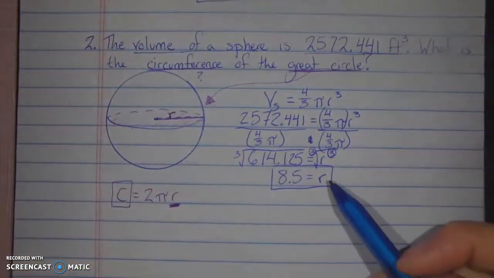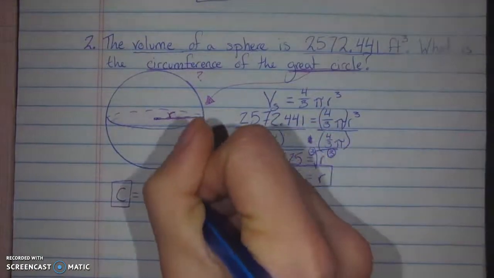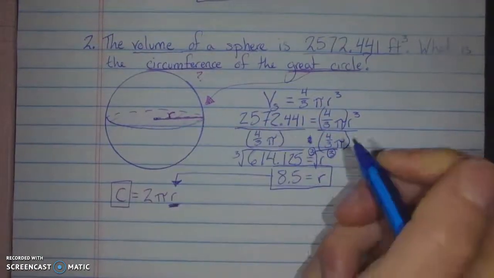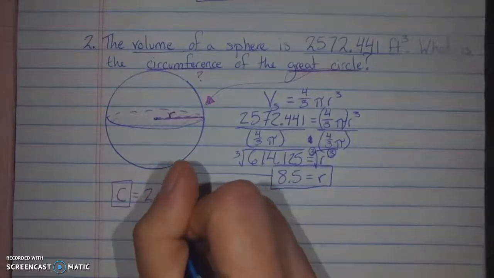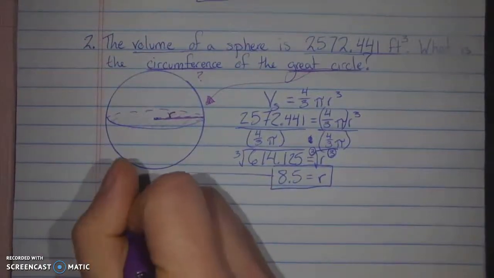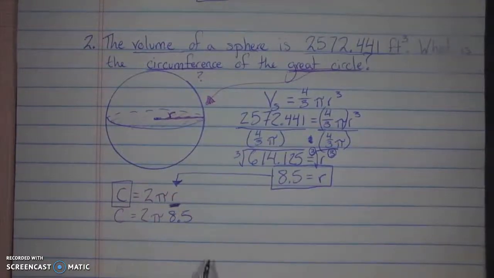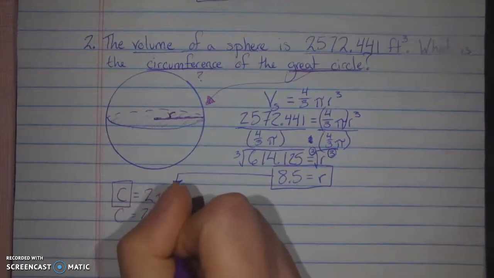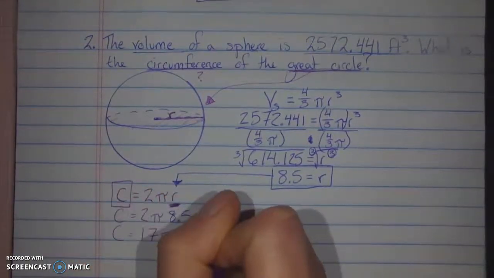Okay, so I'm not done with this problem because even though I found my radius, I have not yet found my circumference. So I'm going to take that radius, I'm going to substitute it into the formula for circumference, and that gives me C is equal to 2 pi times 8.5. Well, 2 times 8.5 gives me an answer of 17. So I end up with 17 pi is equal to C, our circumference.